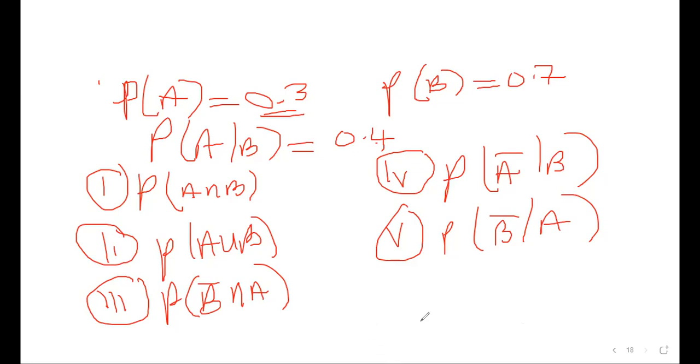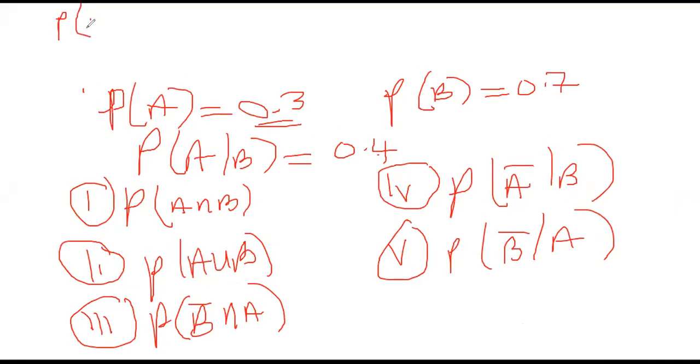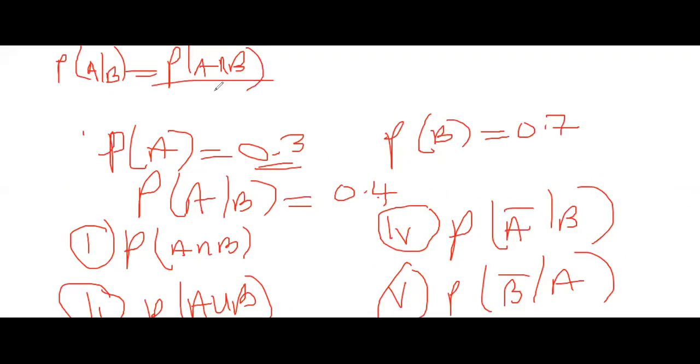So what it means is that you used the formula: probability of A given B is equal to, first and foremost, probability of A intersection B over probability of B.